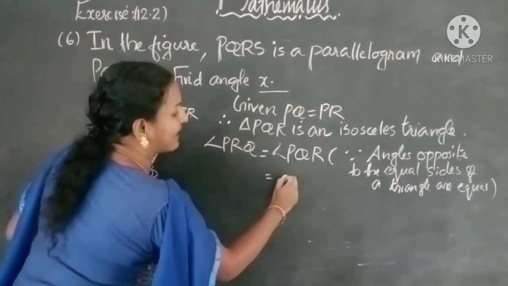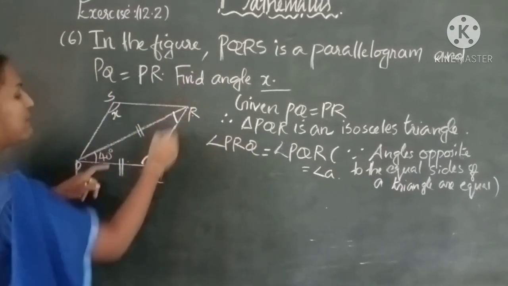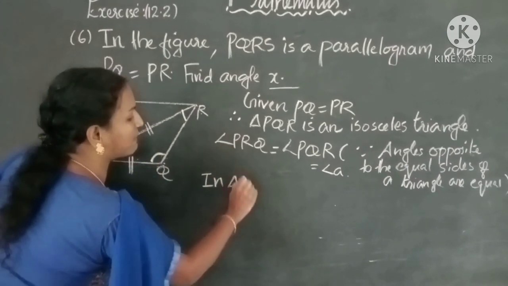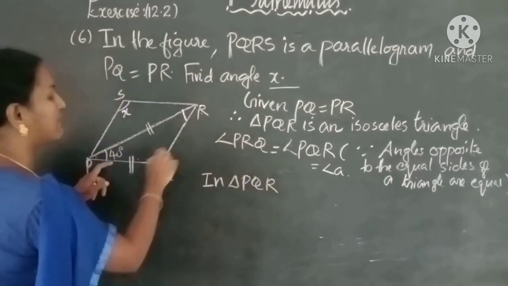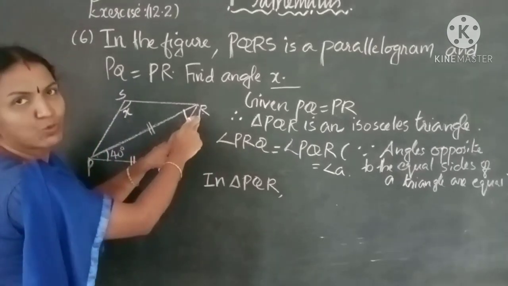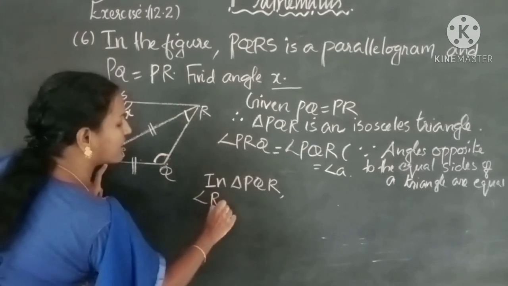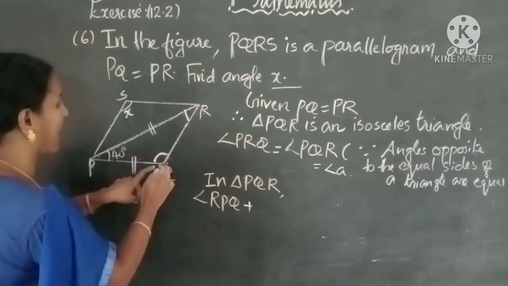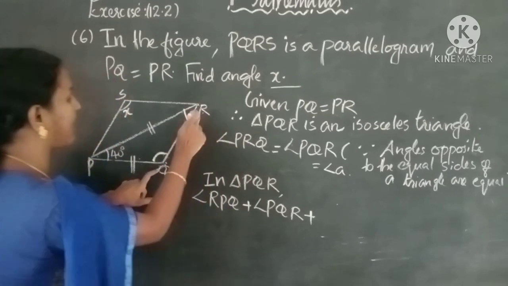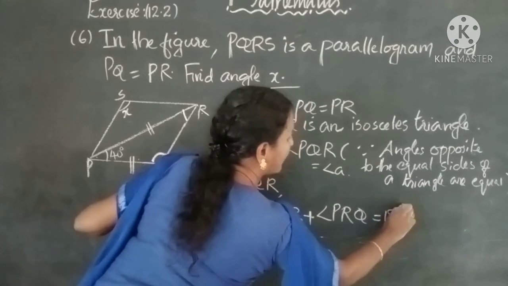Let us mark them as angle A. In triangle PQR, the sum of the interior angles is 180 degrees. So angle P plus angle Q plus angle R is 180 degrees. Angle P means RPQ, plus angle Q means PQR, plus angle R means PRQ, is equal to 180 degrees.